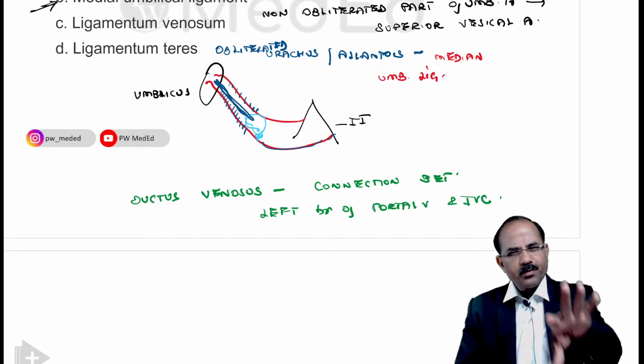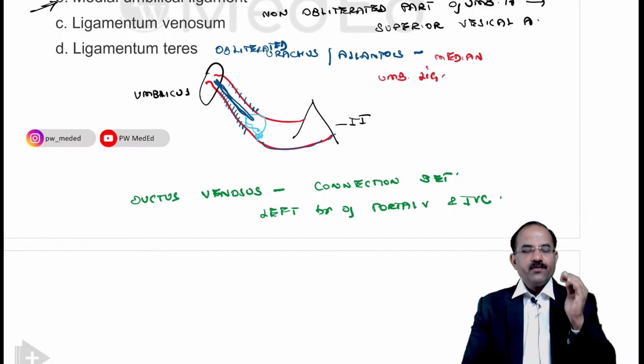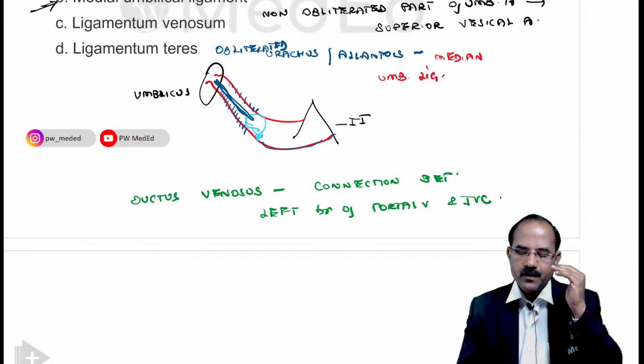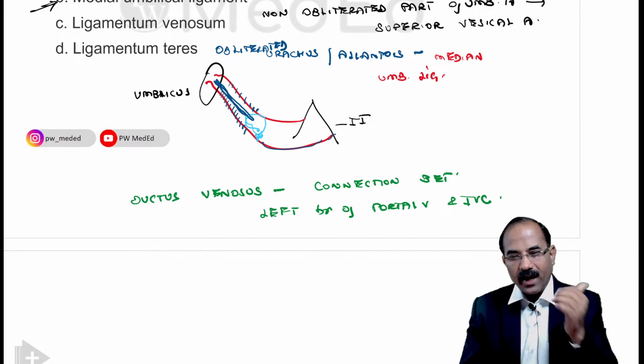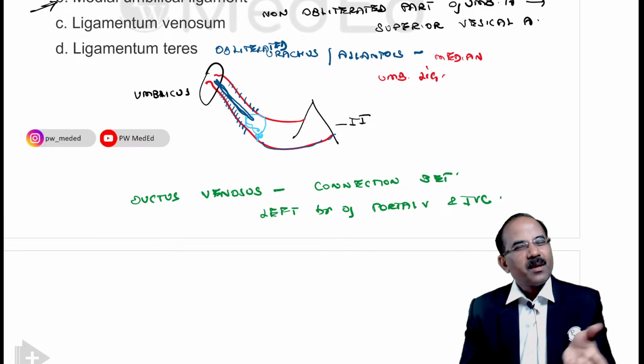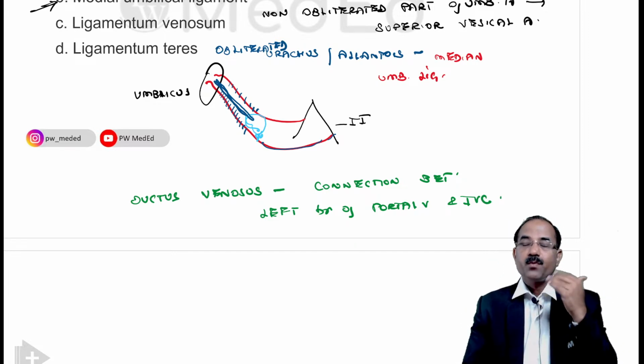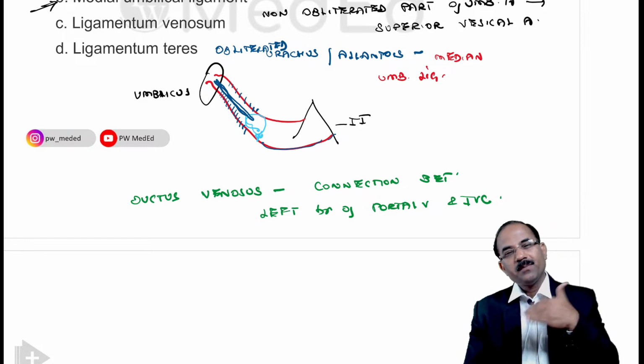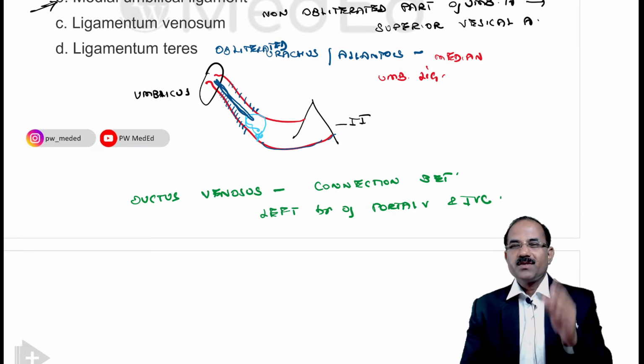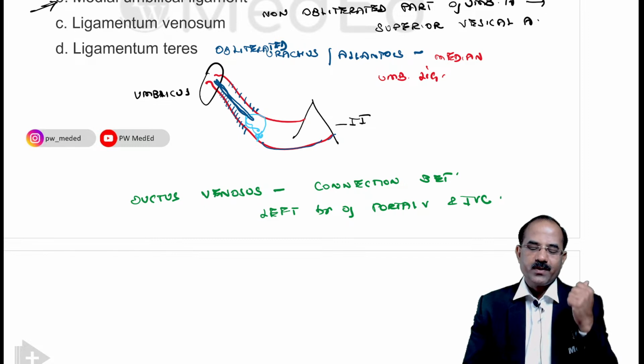Yes, fetal life में होता है. So in fetal life, there's a communication between the left branch of portal vein and the IVC. After birth, this communication is gone. This is what we now call ligamentum venosum. So ductus venosus का क्या बन गया? Ligamentum venosum.